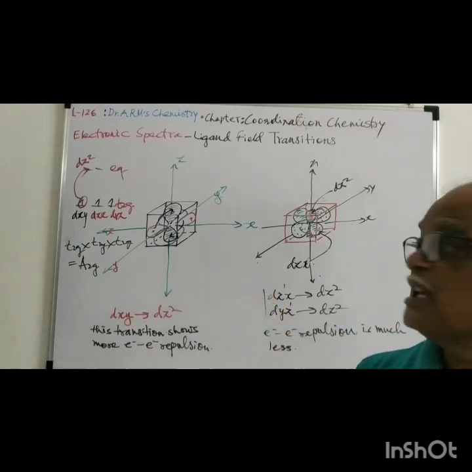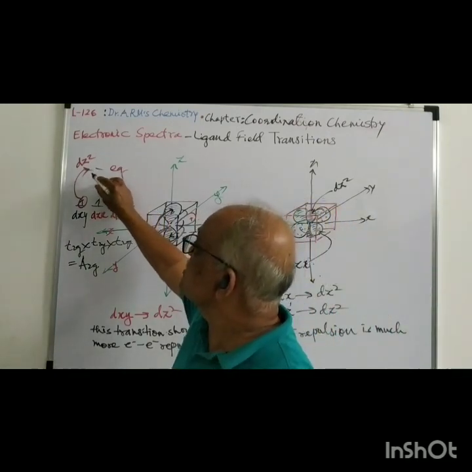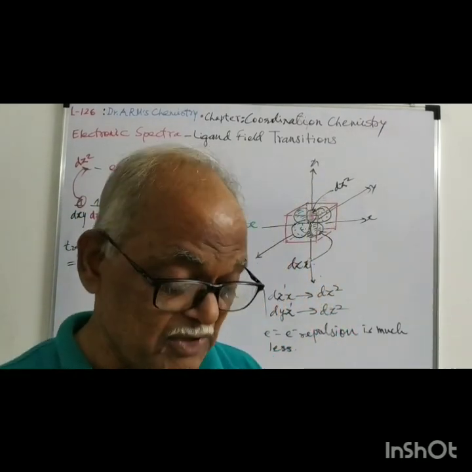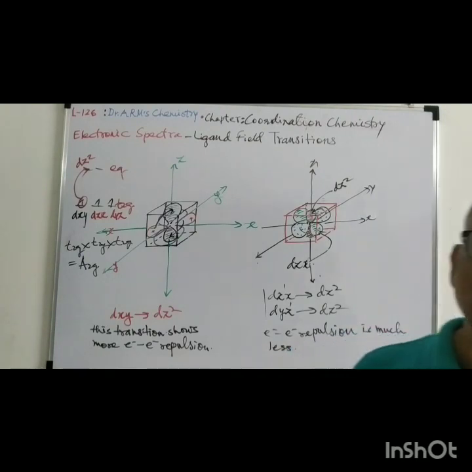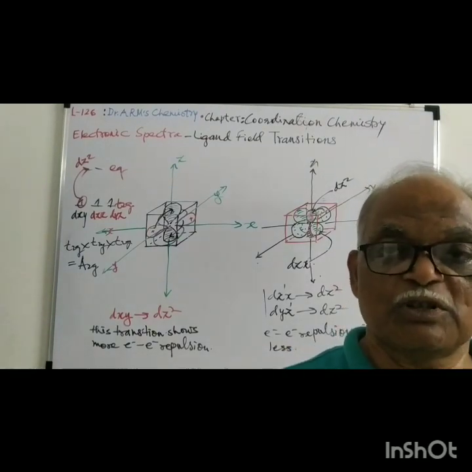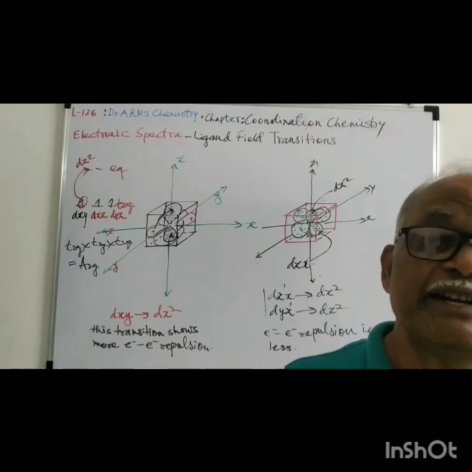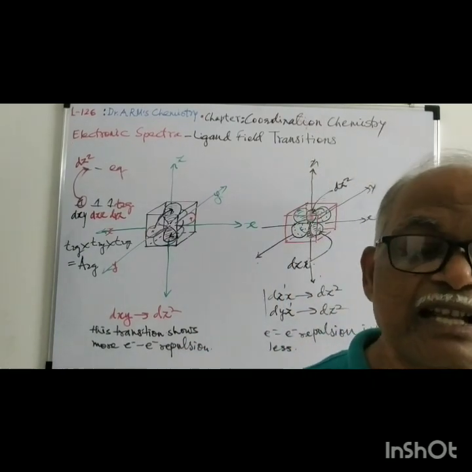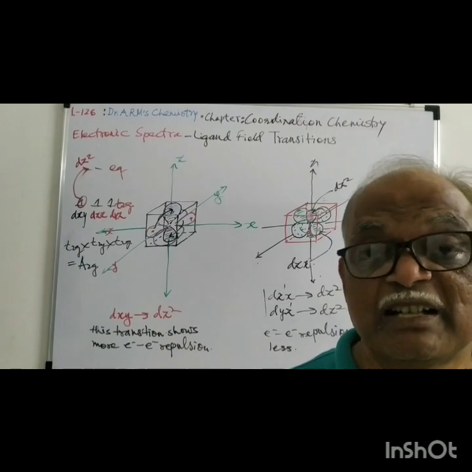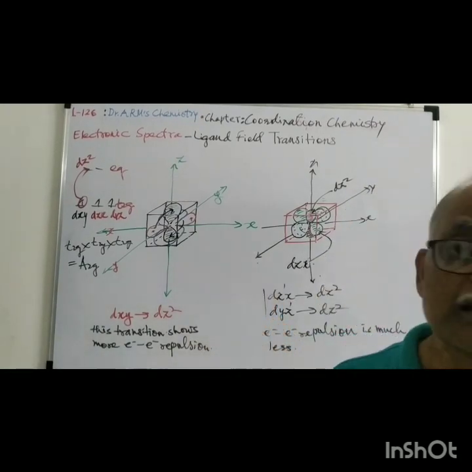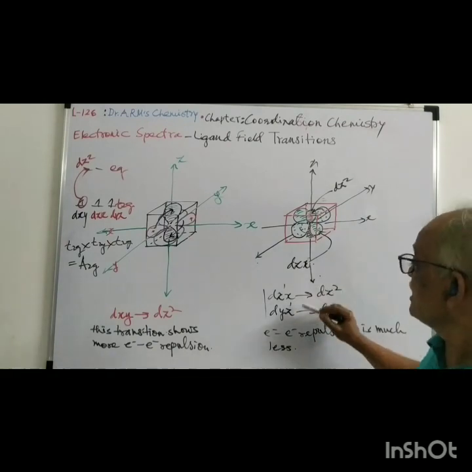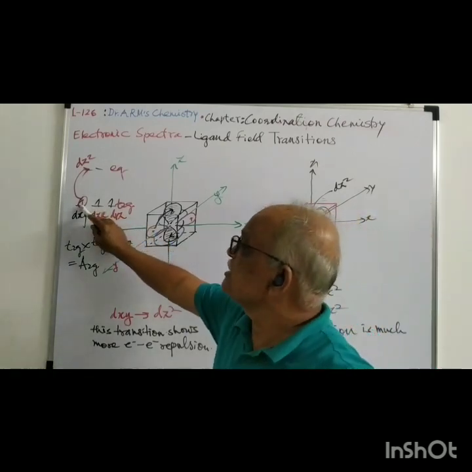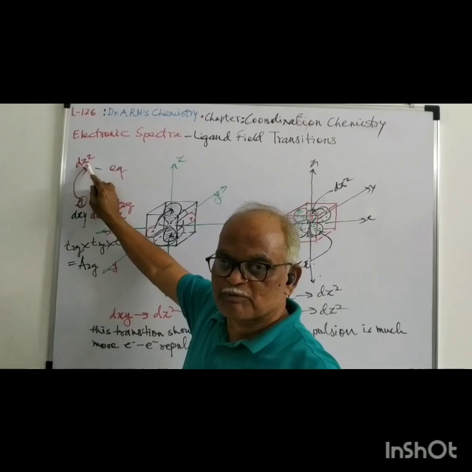But we have seen that if the electron is moving into dz2 or any other eg with opposite spin, or reverse spin, or -1/2 spin, then the energy required for absorption of such a transition is very small, and it gives a very small absorption band, and such a type of transition is called a spin forbidden transition. So only these two transitions are useful because they use the same spin state, meaning the electron moves with the same spin. So this is +1/2, and the electron entering here is also +1/2 spin.